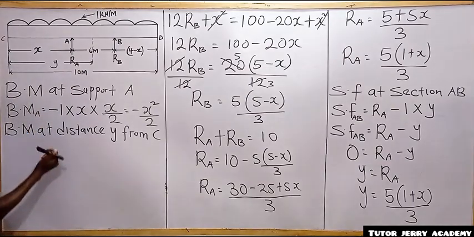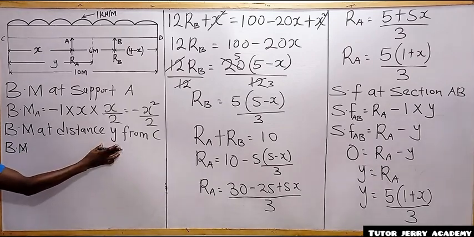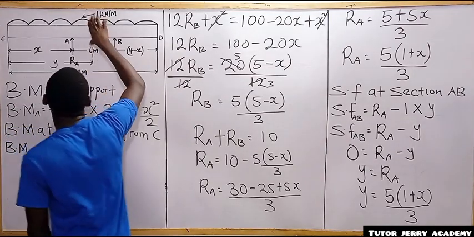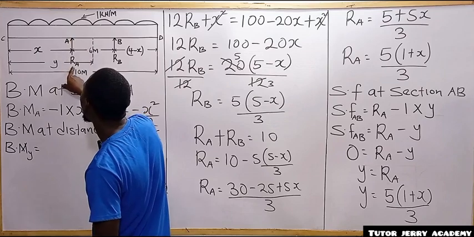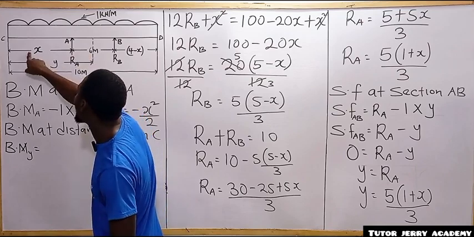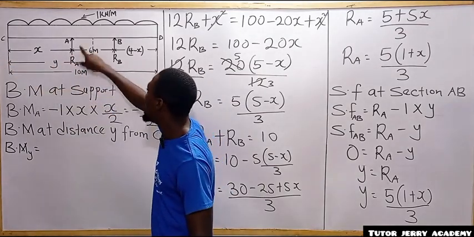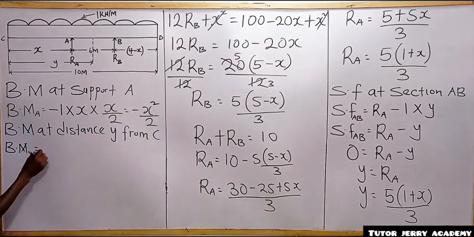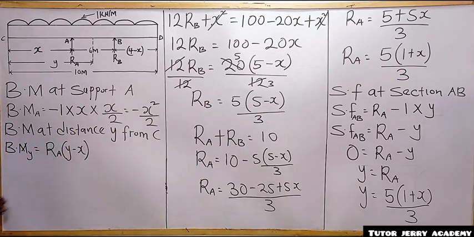All right. So now we are going to say bending moment at a distance Y from C. So this will be equals to, all right. So this is distance Y from C. So we are taking the bending moment towards this side. So now we are having an upward force here, arrow A times the distance here. The distance here is going to be Y minus S, because from this point to this point is S, and from this point to this point is Y. So we're going to have arrow A into Y minus S. All right.